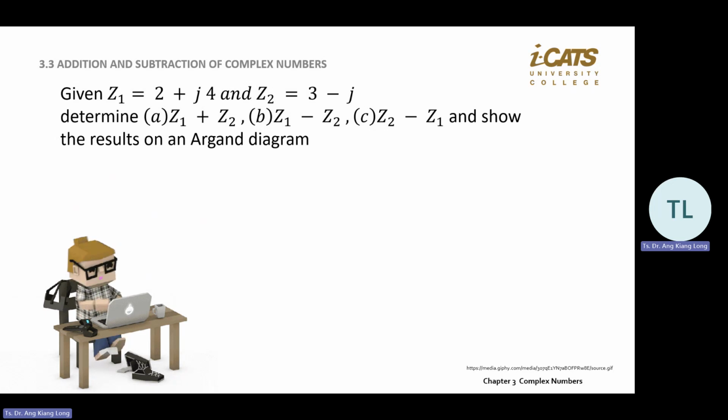Okay, Z1 plus Z2 equals. You need to write, copy, bracket 2 plus j4 plus 3 minus j. So equal to what? 5 plus j3. So on the graph here, you mark 5, then 3, about here.